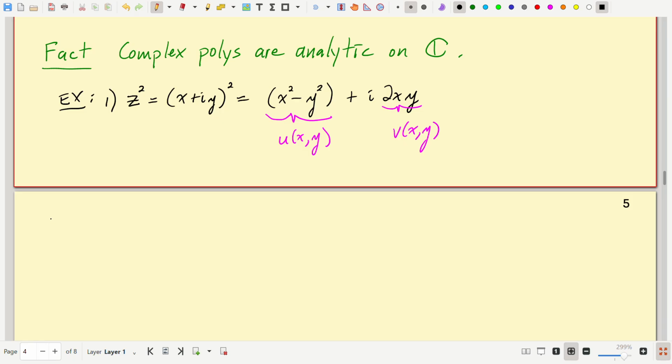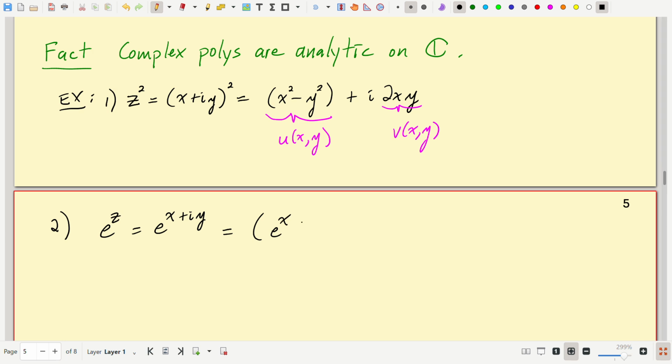Another example is e to the z, which is e to the x plus iy, and remember that was, the real part is e to the x cosine y, and the imaginary part is e to the x sine y.